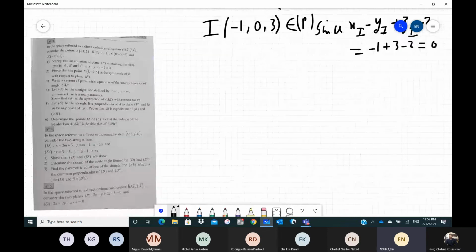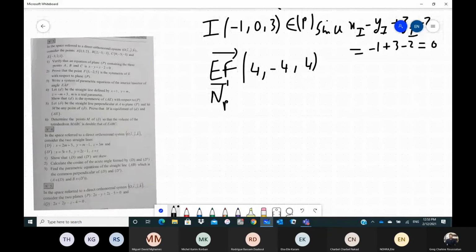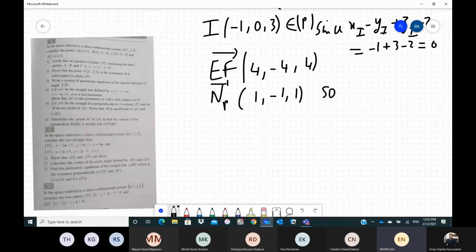How to prove that EF is perpendicular to the plane? ناخذ ال EF vector. ال EF vector guys, شو هو ال EF vector؟ معكم اياه هون. It's 4, minus 4, 4. ال NP هو 1, minus 1, 1.